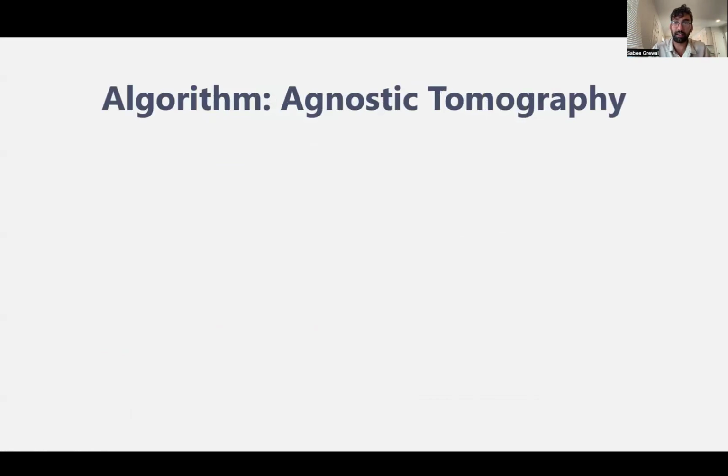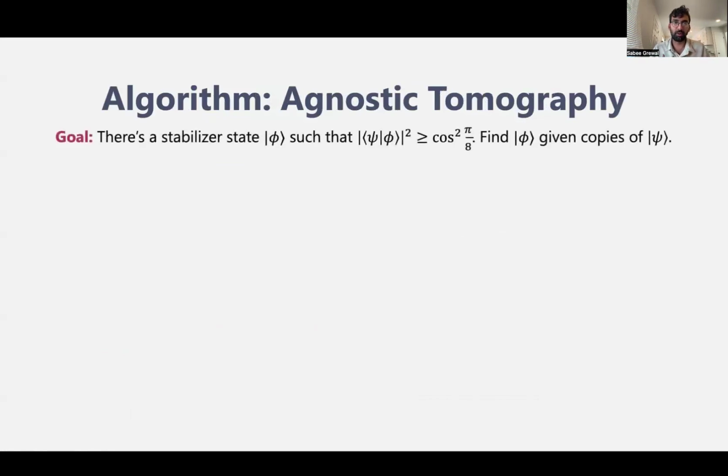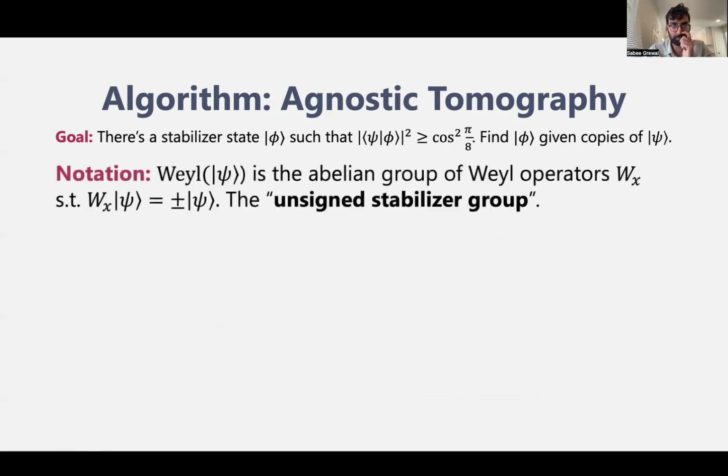Cool. So we're going to move on to the agnostic tomography algorithm. The goal here is, we know there's a stabilizer state phi such that the fidelity between phi and our input state is at least cosine squared pi over 8. And we want to find that stabilizer state phi given copies of psi. In order to explain this algorithm, I have to introduce some notation.